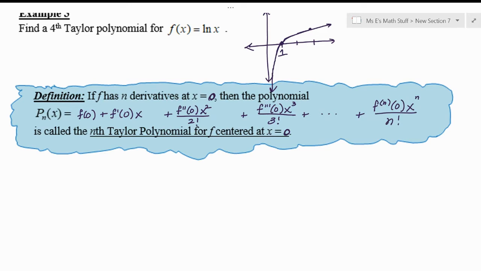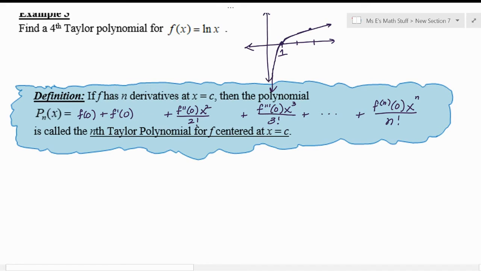Well, the only difference between this and centering it at a different number is just shifting this graph the appropriate number of units. So let's say you want to center it at x equals c, where c is positive. Well, you'd need to shift it to the right c units. So how do you shift a function to the right c units? You'd replace x with x minus c.